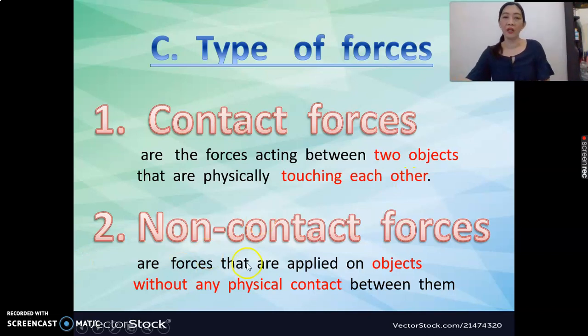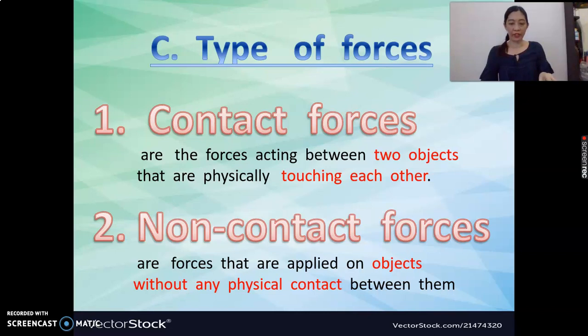Number two is non-contact forces. What are non-contact forces? Non-contact forces are forces that are applied on an object without any physical contact between them. So without physical contact, no touching.